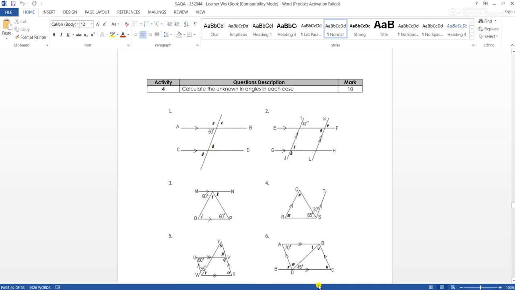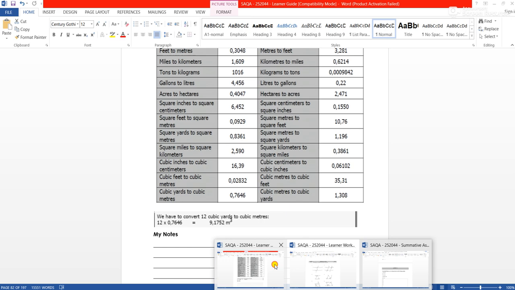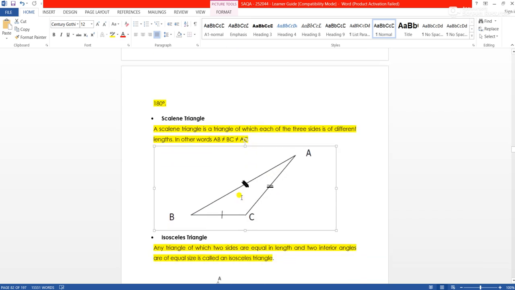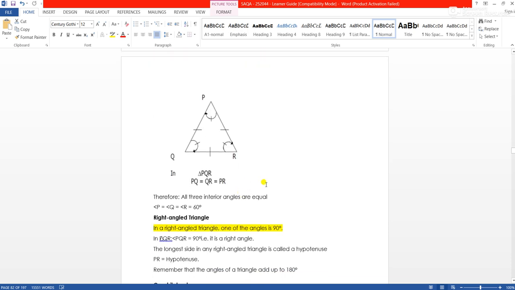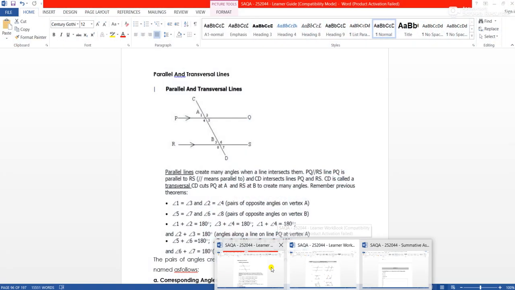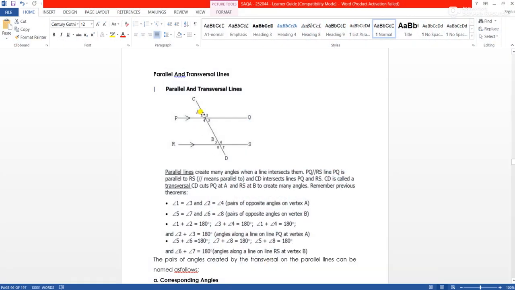So on your learner guide, you were given an example in order for you to calculate. So how do you get your angle?